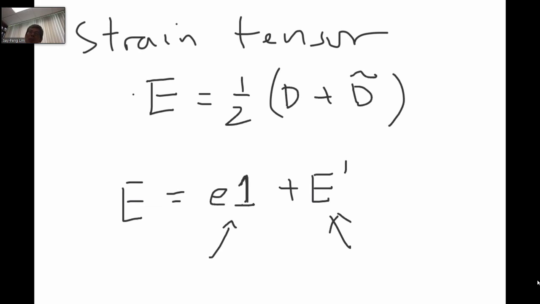Now, example 16.5 shows you that if you have this kind of strain, it is what they call a spherical strain. So you either expand uniformly in all directions, blowing up the sphere, or you contract uniformly in all directions.